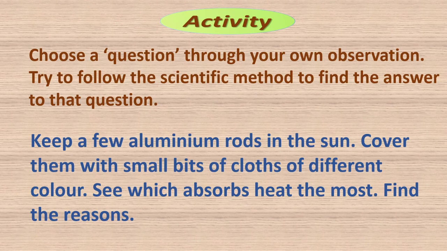And then afterwards, you have to decide that which cloth absorbs heat the most and which clothes absorbs the heat the less or the least. Got this? And why it became like this? Why all clothes do not absorb the heat equally? That you have to find out.